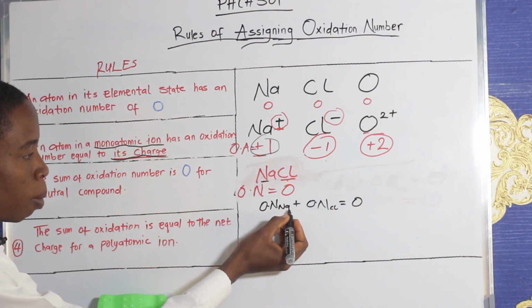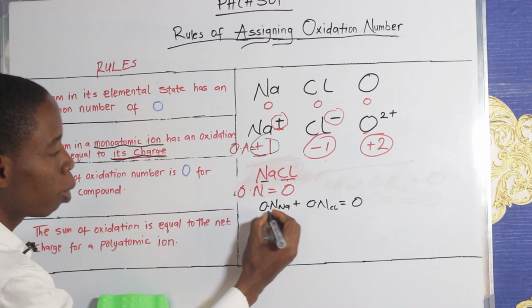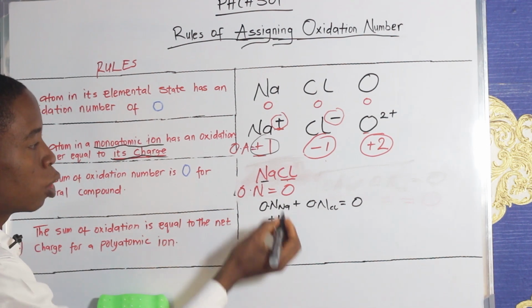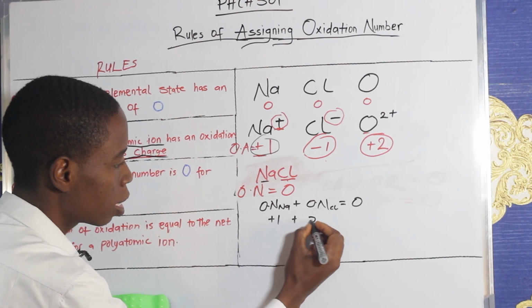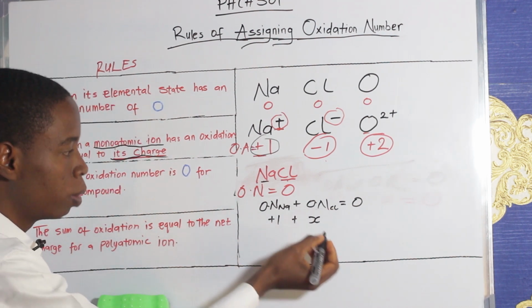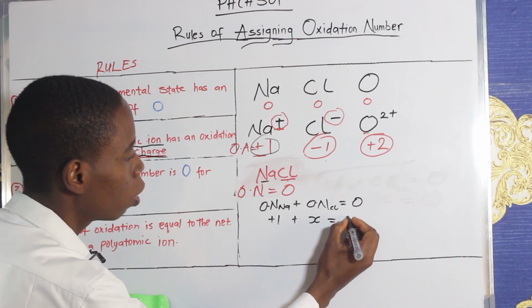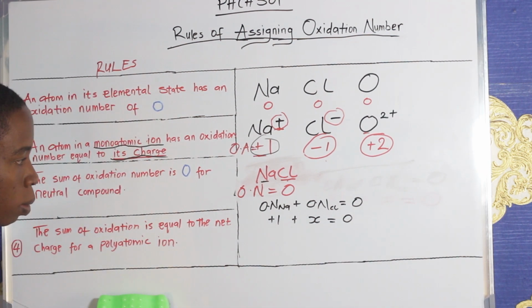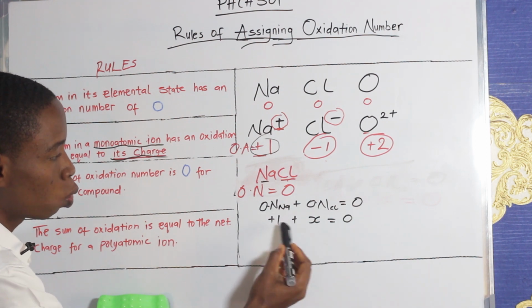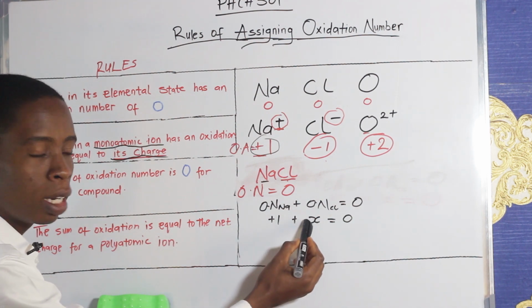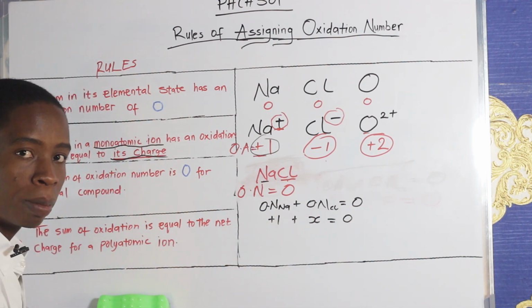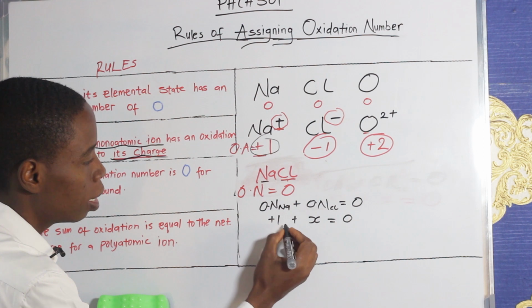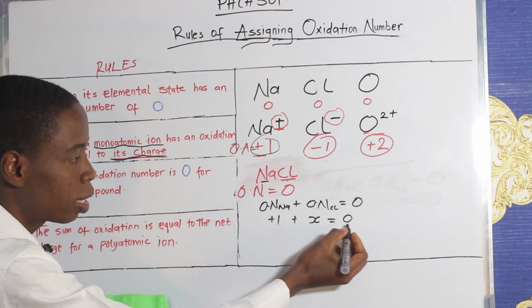So what is the oxidation number of sodium? We know it to be plus 1. Now, since we are looking for the oxidation number of chlorine, we say plus X, which stands for our unknown, and the sum equals 0. So we move this plus 1 to the other side since we are finding X. From basic mathematics, whenever a sign crosses the equal sign, it changes.